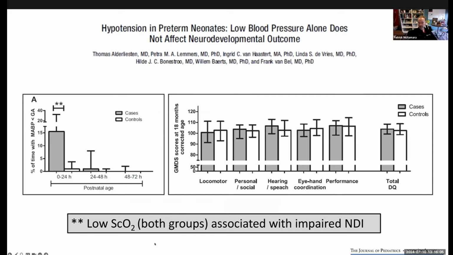However, the subgroup of infants with low cerebral NIRS, potentially a measure of poor cerebral perfusion, were more likely to have impaired neurodevelopmental outcome. So we need to not just look for the cause, but also look at other ancillary ways to evaluate the physiology continuously, and the role of NIRS in potentially providing additional supportive information is something we need to seriously think about.